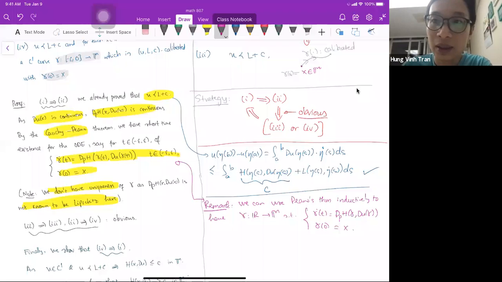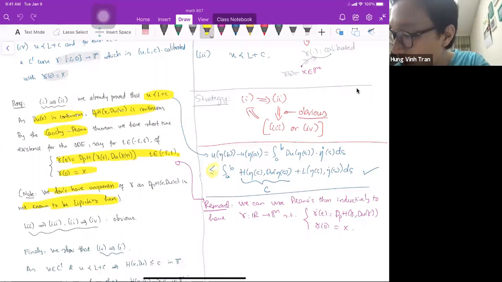It's always like that, and we already proved last time that this gamma is a minimizer, and it satisfies exactly the equality. When I wrote it up here, I had this inequality, but if you choose gamma dot to be exactly dp, then you have equality. So we are done. Any question or concern here? Is it clear?